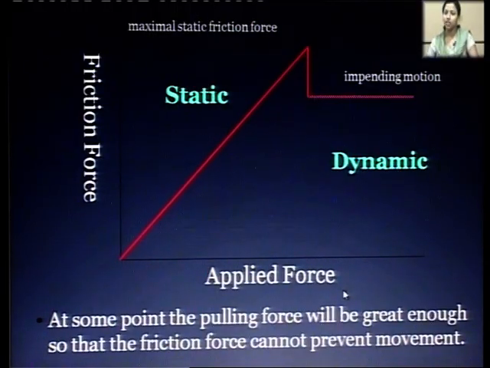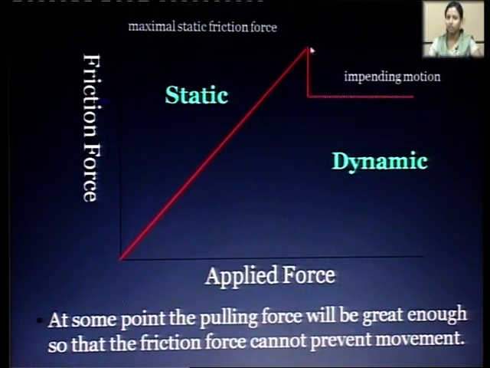Then after that, if we increase the applied force, the frictional value decreases. Here we can easily see that the force of friction decreases from this point to this point. So here the body starts moving, so kinetic friction comes into play, but up to this point it is static friction.